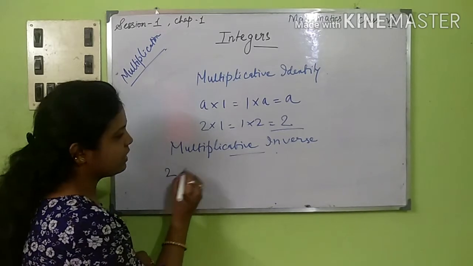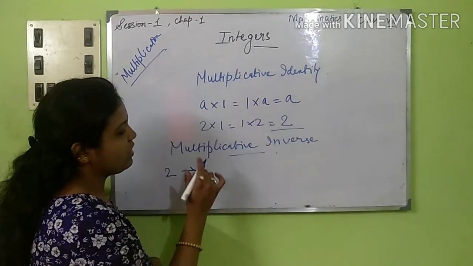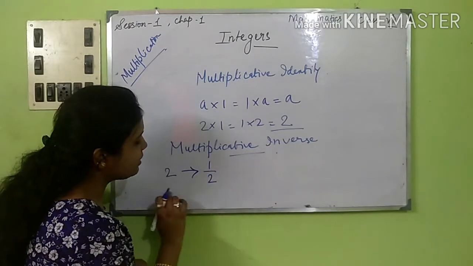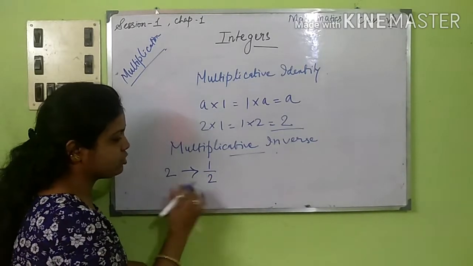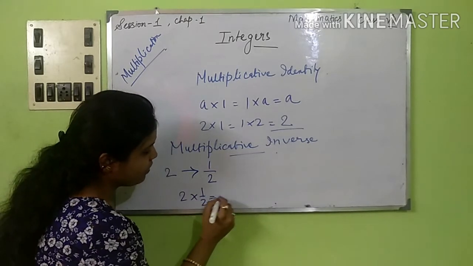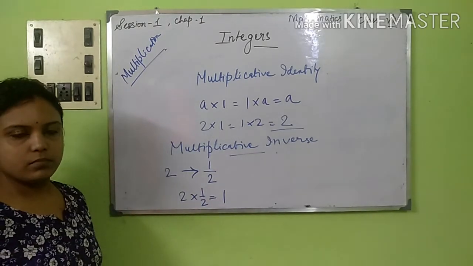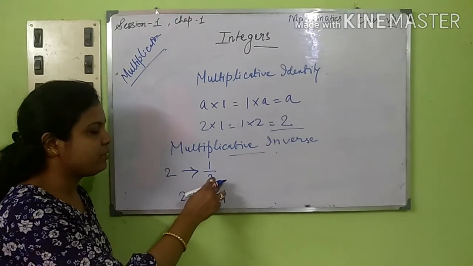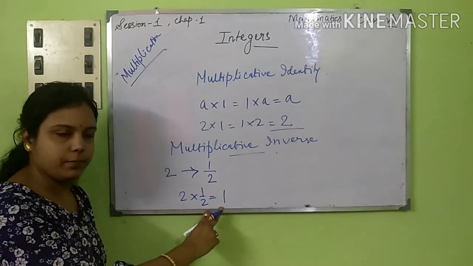Suppose 2 is a number. Its multiplicative inverse will be what? 1 by 2. Okay, and whenever you multiply these two, that is 2 into 1 by 2, we get 1. Whenever we multiply the integer and its multiplicative inverse, we get 1.